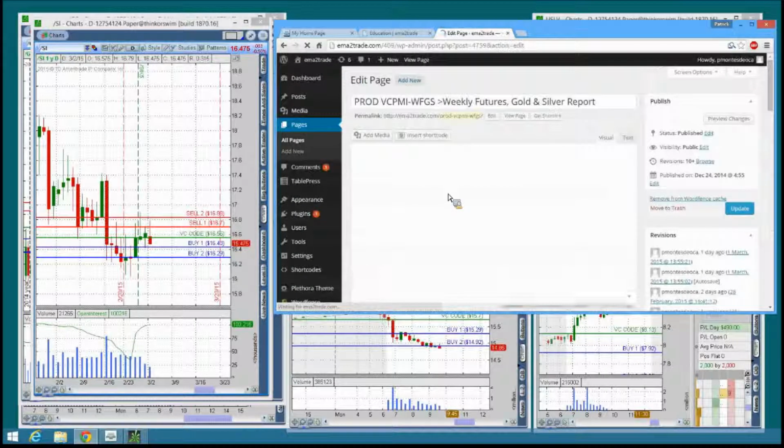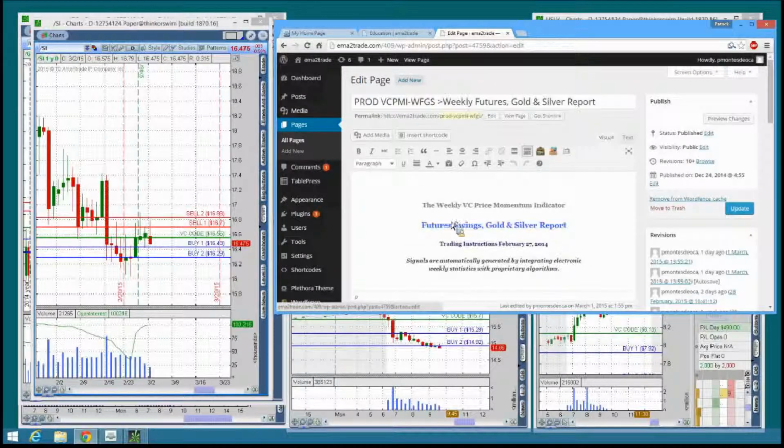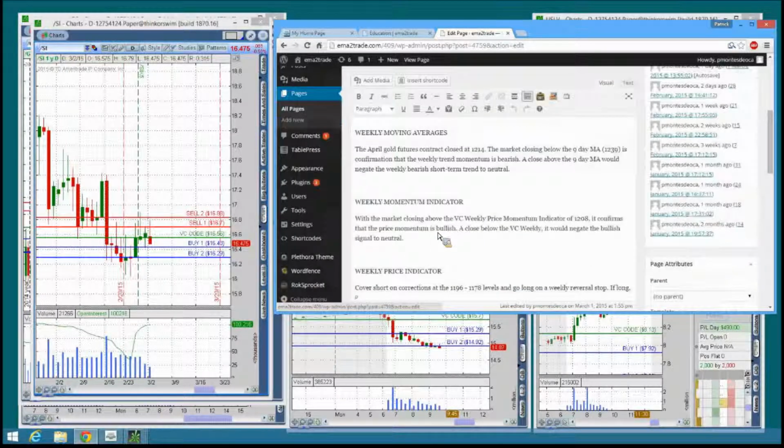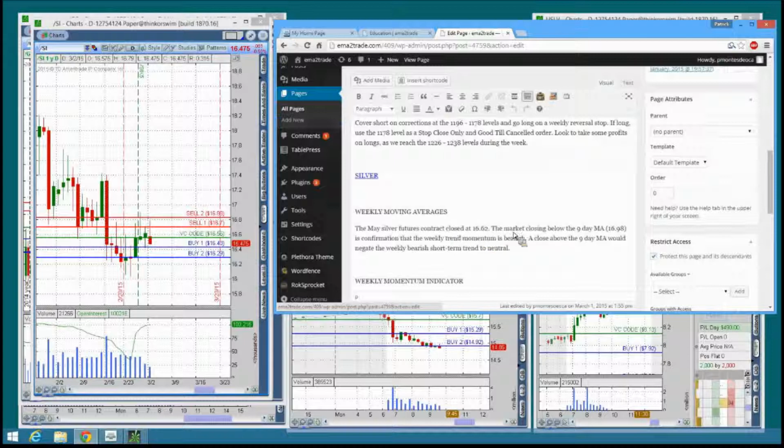We're going to take a look at the targets. A close above the 9-day moving average of 1698 would activate the weekly uptrend.